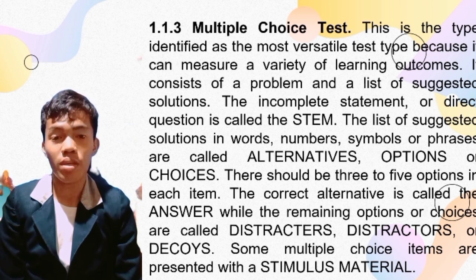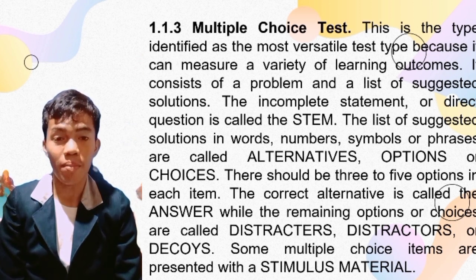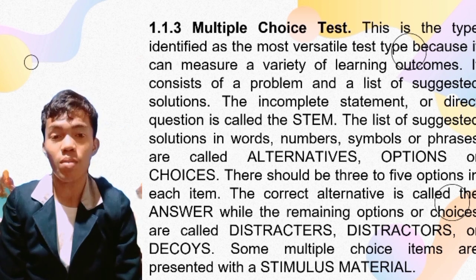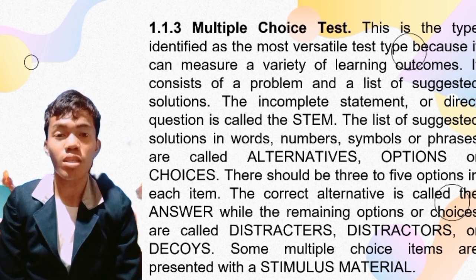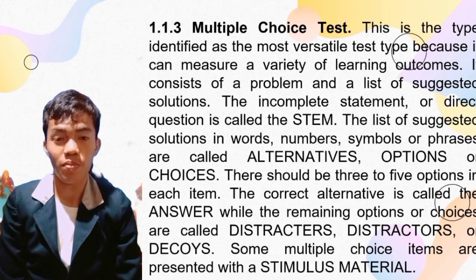Typically, there should be 3 to 5 options per item. The correct alternative is called the answer, while the remaining options are referred to as distractors or decoys. Some multiple choice items may include stimulus material to provide context or additional information.